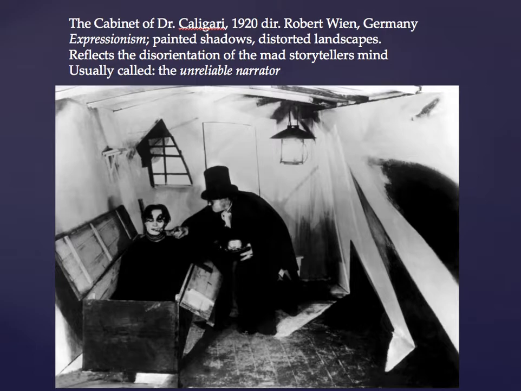He has a somnambulist, Cesare, who is in a cabinet. That's the cabinet, and there's Dr. Caligari. There's the title. He's not really hypnotized, but he commands Cesare to go out and commit murders and kidnappings and things like that.